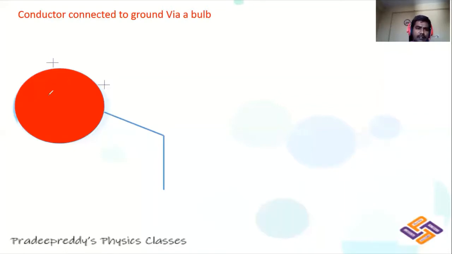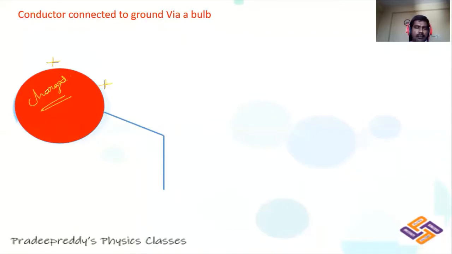Now see here, we have a charged body, and this is positively charged. As it is a positively charged body, there is a deficiency of electrons, is it not? It requires a few electrons to become neutral.